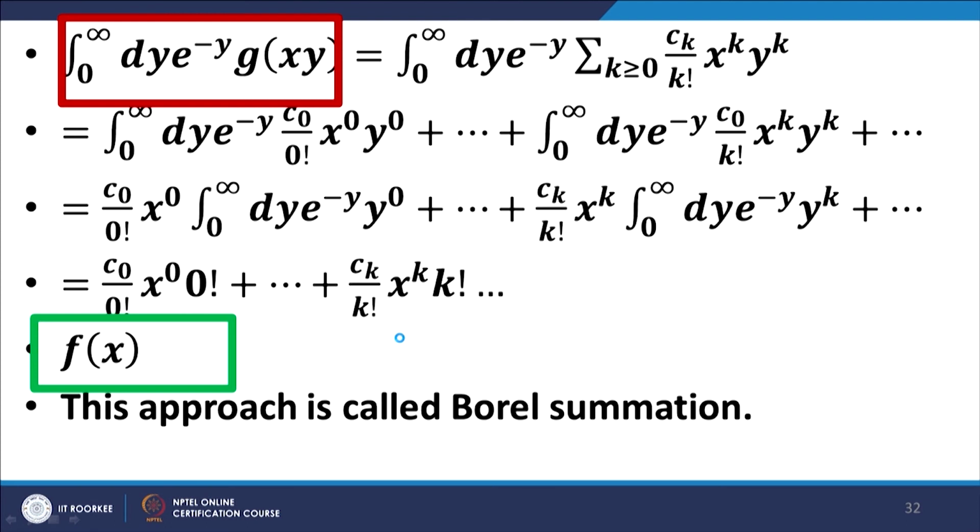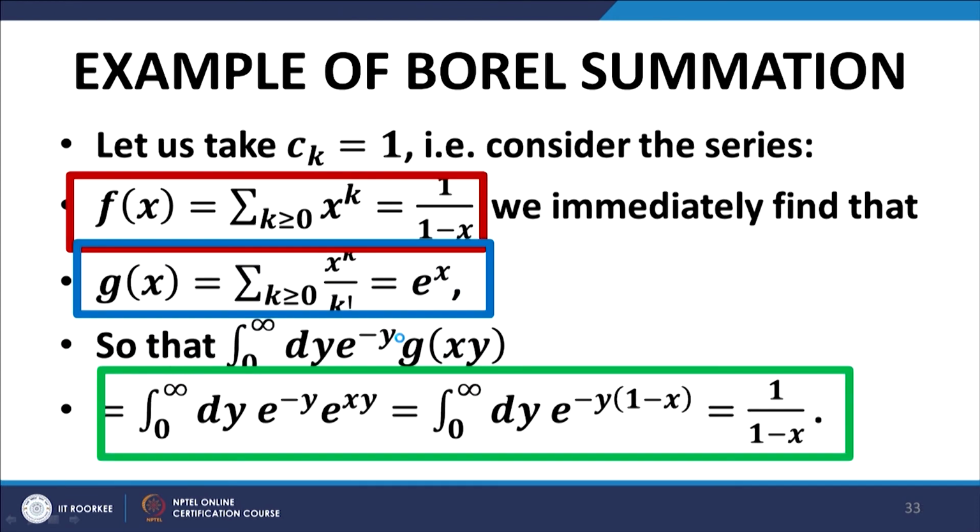On simplification, after straightforward manipulations, we end up with f(x). So we have been able to write f(x) as an alternative integral, the integral dy e^(-y) g(xy), and this process is called Borel summation.